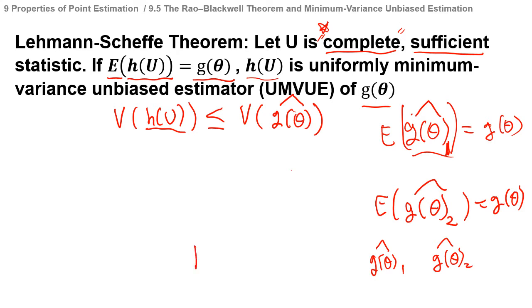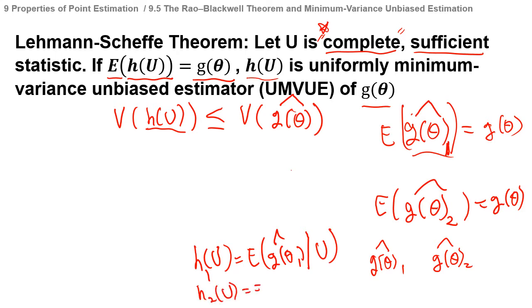And what if we define our H1 of U as expected value of G zeta 1 hat given U, and also let's define H2 of U equals expected value of G zeta 2 hat given U. Then these two, H1 of U and H2 of U, are conditional expectations given the sufficient statistic.